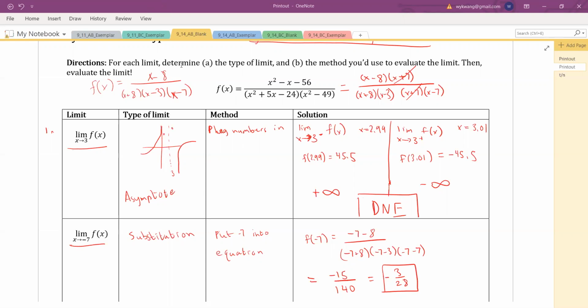So to answer your question, the reason is that when we plug in 3, so this is a really bad, I don't really have much space to write it, but I'm going to write 8 over x plus 8, x minus 3 times x minus 7. If I plug in 3 here, I'm going to get a 0 in the denominator, right? Because 3 minus 3 is equal to 0.